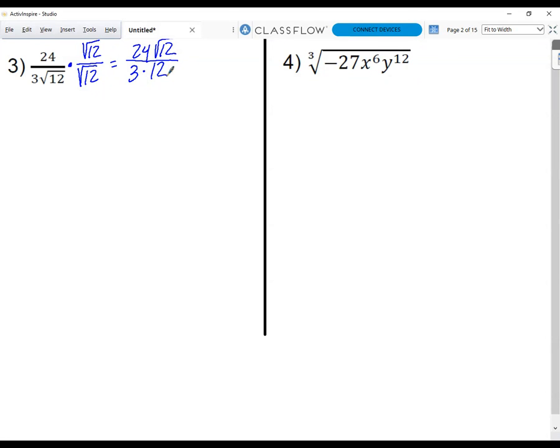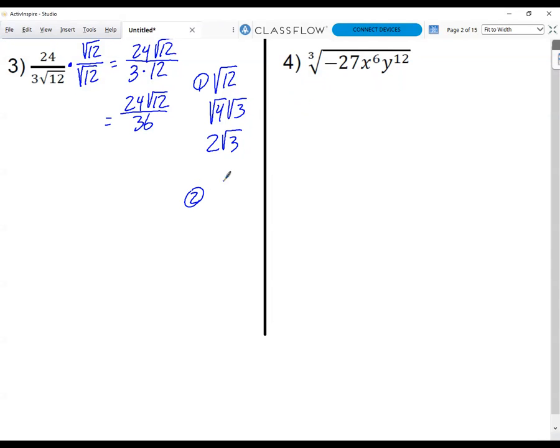When you go through this, you get 24 root 12 over 36. Now be careful, the square root of 12 does simplify a little bit more. It equals root 4 times root 3, which is 2 root 3. That's one way to do the radicals.